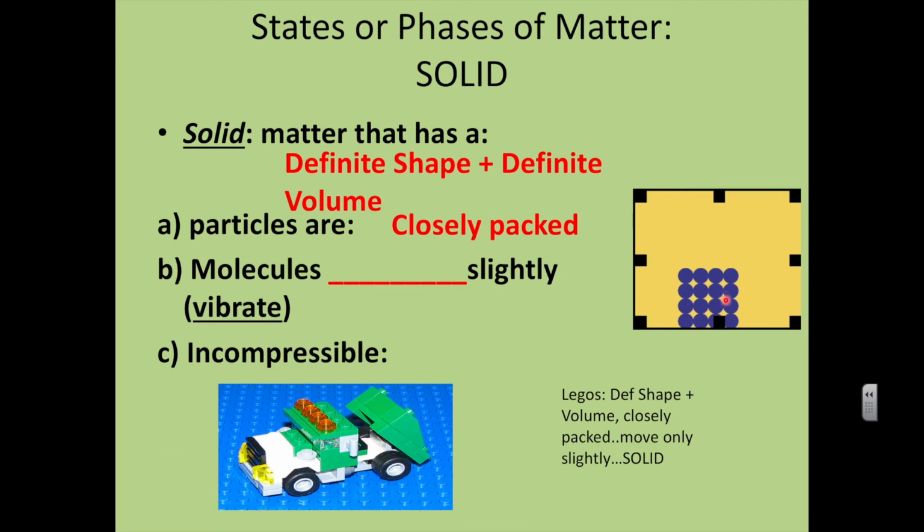The molecules do move slightly, so they vibrate a little bit. They do have some kind of motion. They're not absolutely fixed. Always remember that molecules are always still wiggling at least a little bit, but they are not compressible. If you step on a Lego, it does not compress, and it hurts a lot, right?